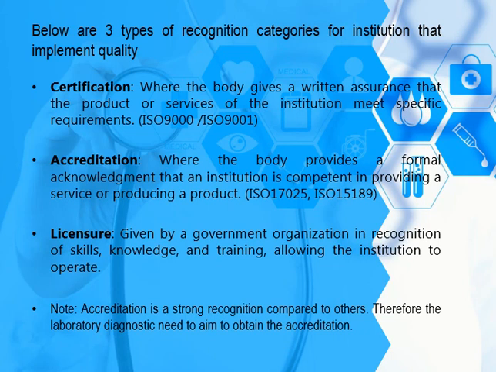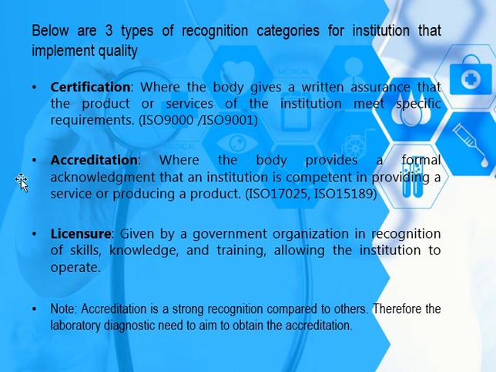And after the organization implements the QMS, below are the three types of recognition categories for institutions that implement quality. This recognition is given by certain bodies. First recognition is certification, where the body gives a written assurance that the product or service of the institution meets specific requirements. Usually it is ISO 9000 or 9001.